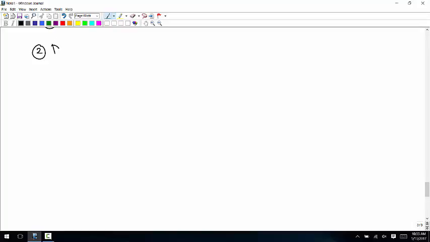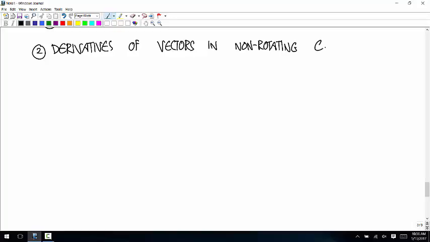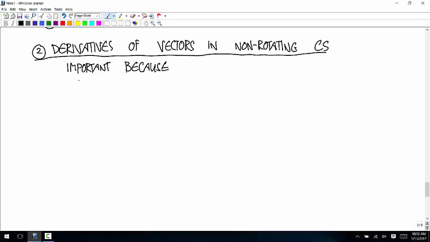Okay, so the second one is derivatives of vectors in non-rotating coordinate systems. And that's going to be important because the velocity vector is the time derivative of the position vector.